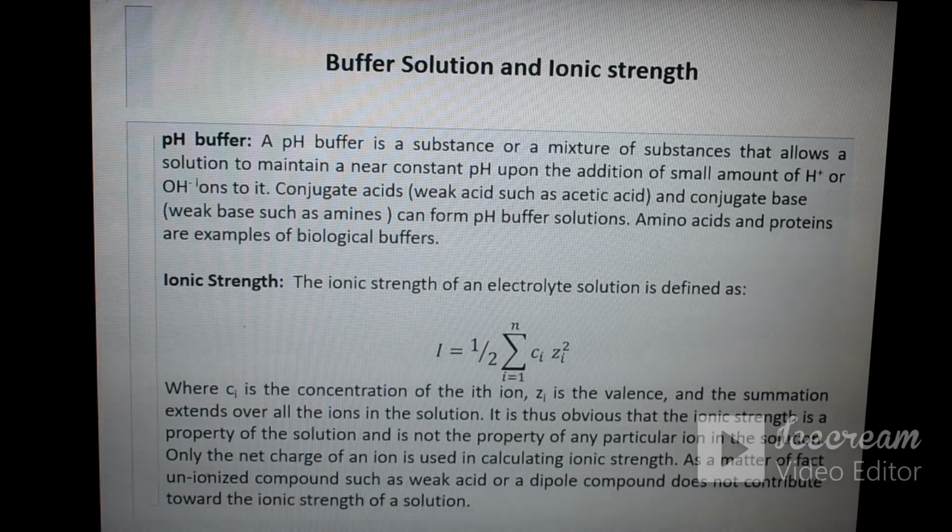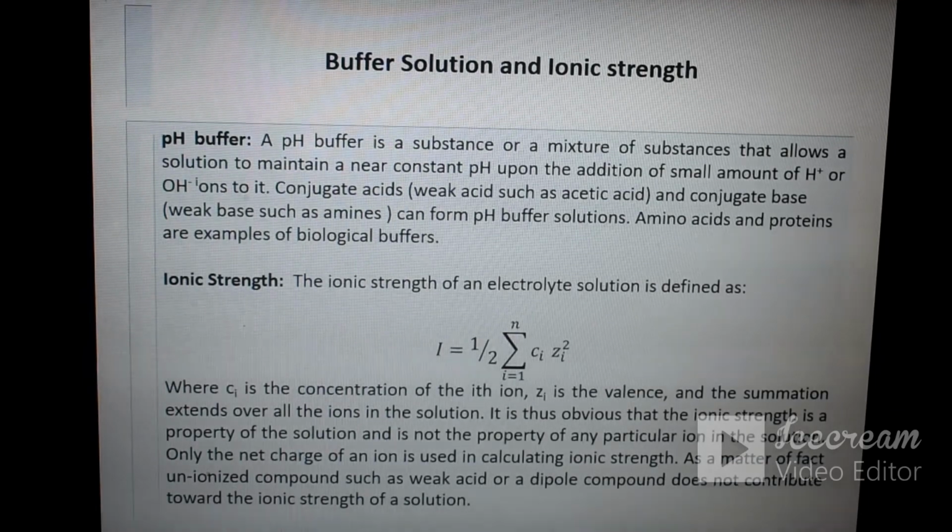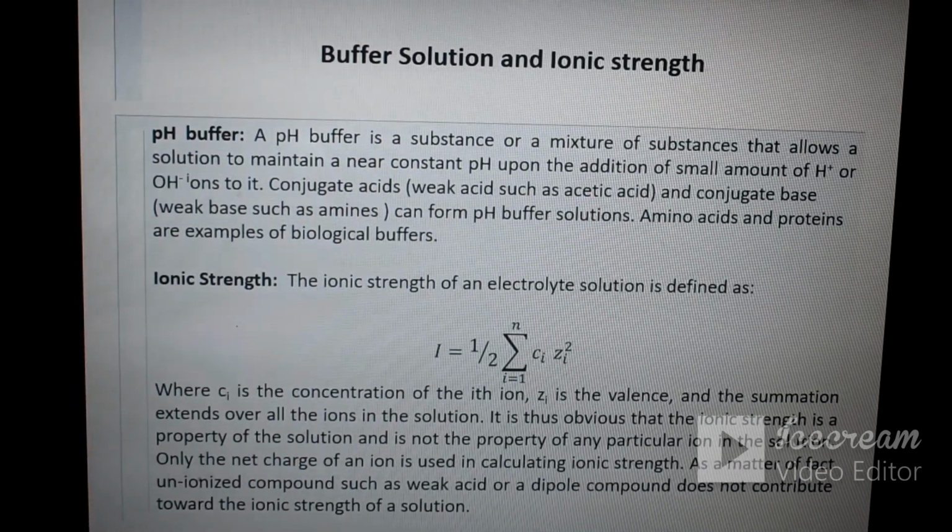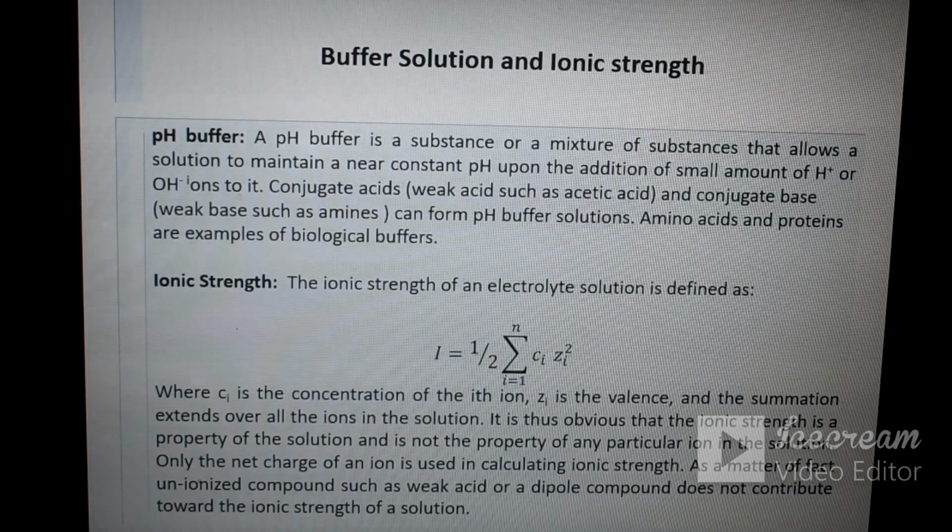Two very frequently used terms are pH buffer solution and ionic strength. What is a pH buffer? A pH buffer is a substance or a mixture of substances that allows a solution to maintain a nearly constant pH upon the addition of a small amount of hydrogen ions or hydroxyl ions to it.